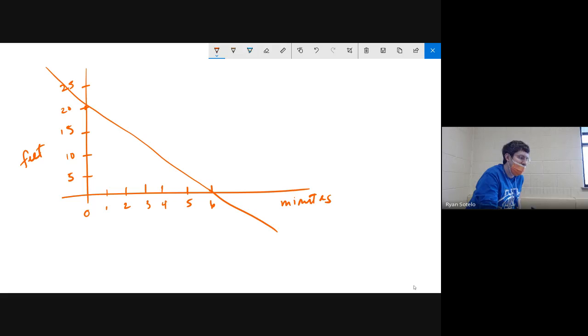Can you guys interpret this? 6 minutes, good. What was your initial distance from your house? 20 feet. Good. There was a question about like hot dogs or something, what was the initial amount of whatever? When they want the initial amount, they just want the y-intercept where x is 0. Does that make sense? Yes. Good.